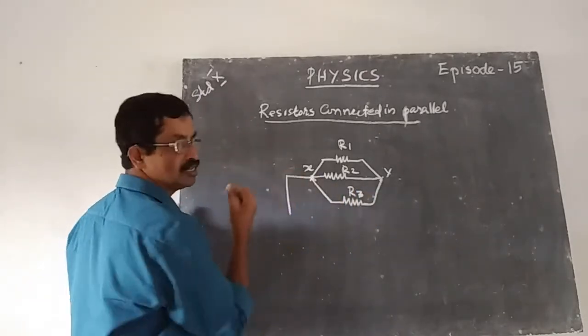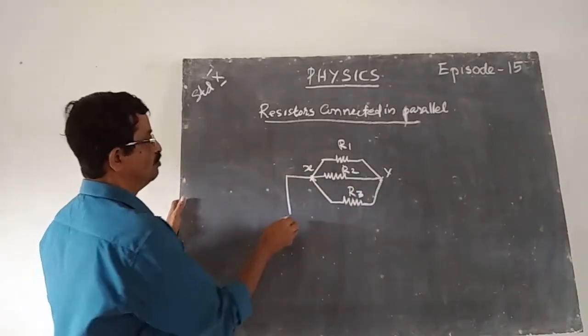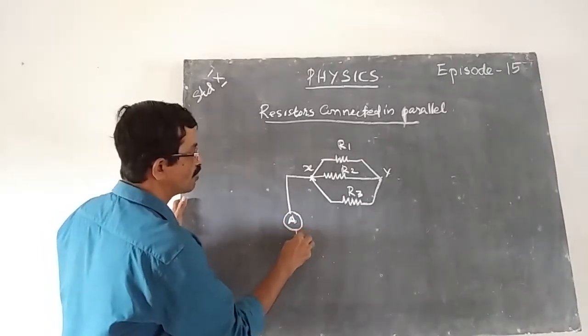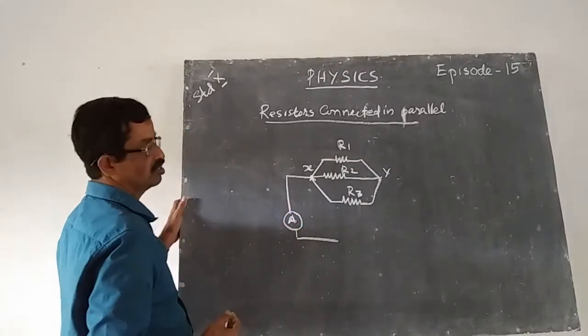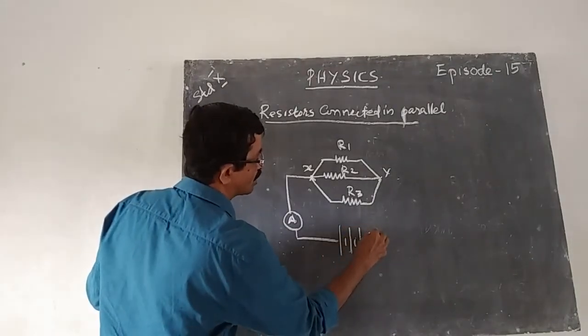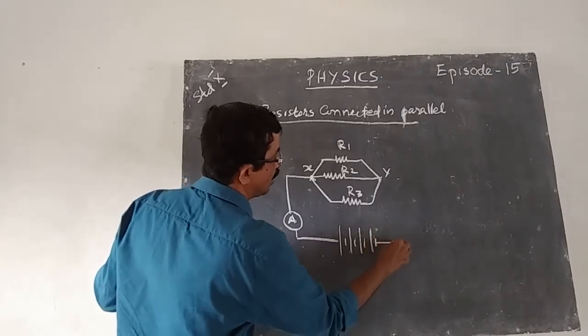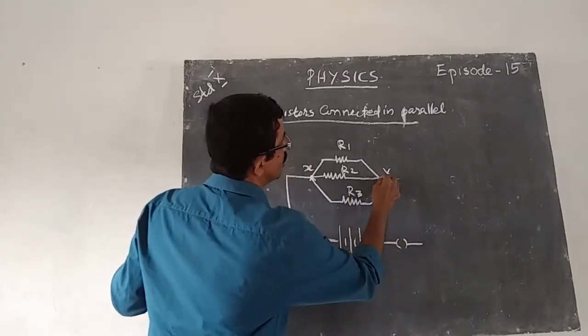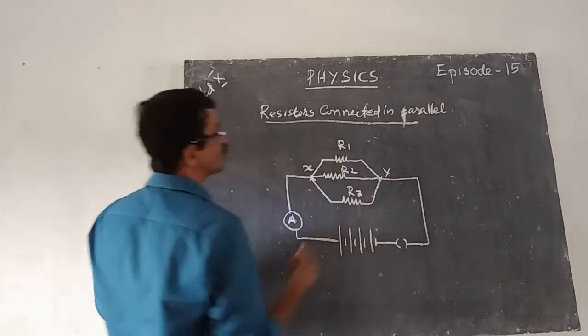And to this we connected an ammeter to measure current, and a battery. Suppose we connected a battery of 6 volt and a plug key. These are in series.